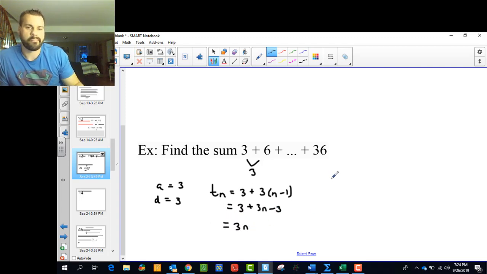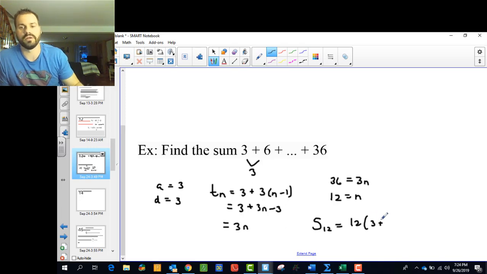So then we say, okay, 36 is equal to that 3n, then that means n is 12. So we need the sum of the first 12 terms, and then we plug into our sum formula, so it's 12 multiplied by T1, which is 3, or A, we can call it A or T1, plus the last term, which is 36, and we're dividing the whole thing by 2.